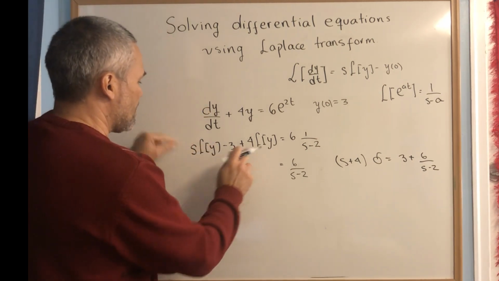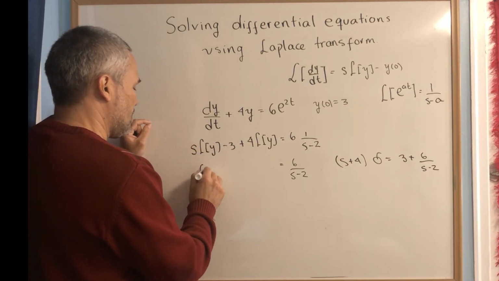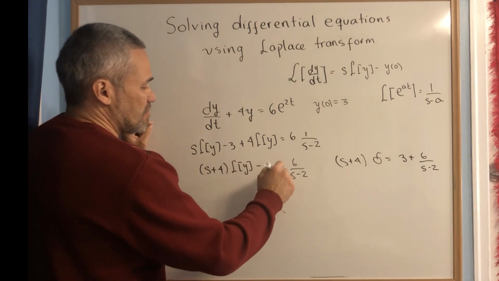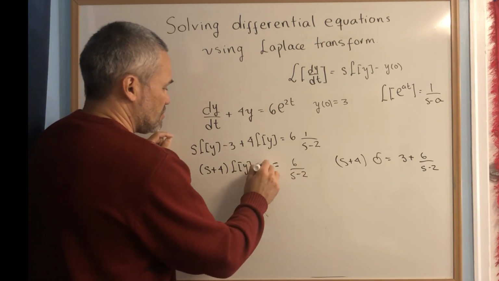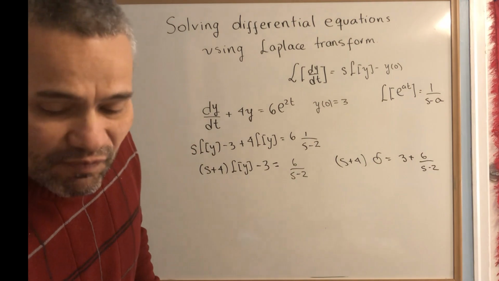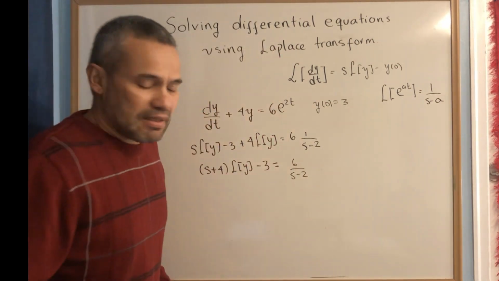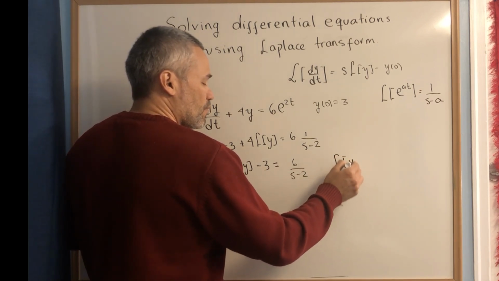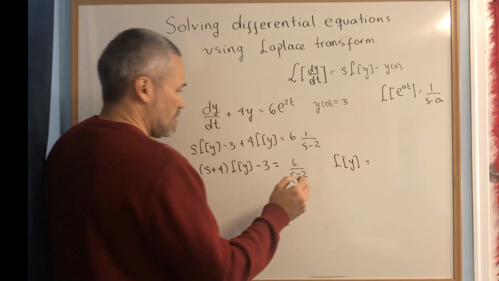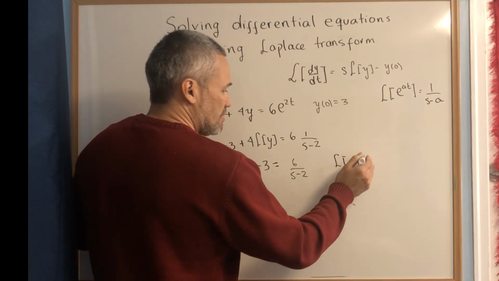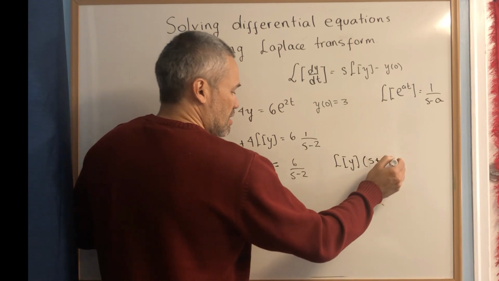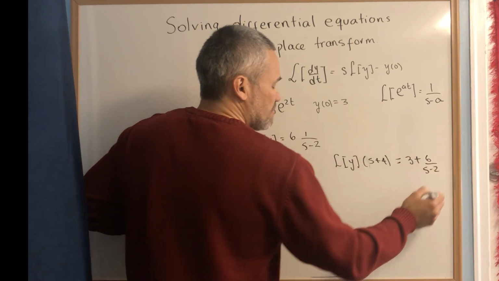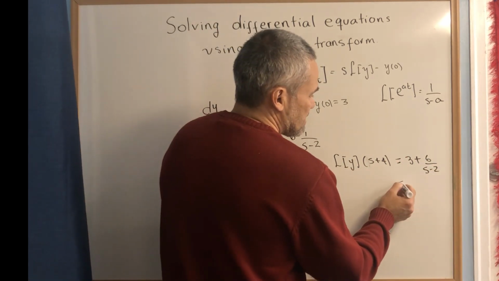Then in this case we can combine these two, and we have that s plus 4 times the Laplace transform of y is equal to 3 plus 6 over s minus 2. What is 3 plus 6 over s minus 2?